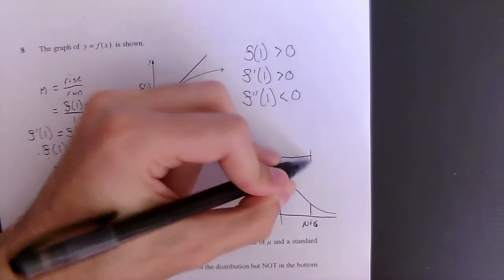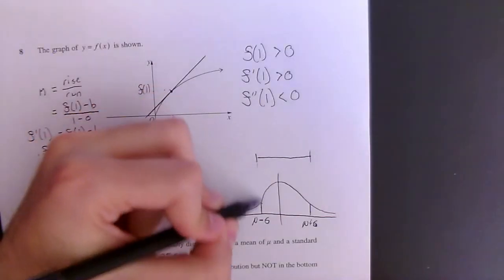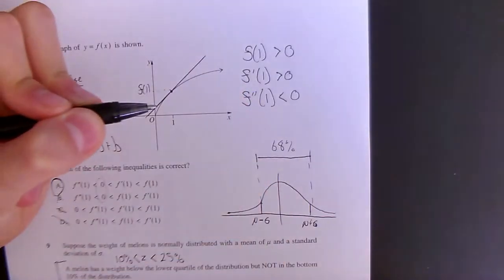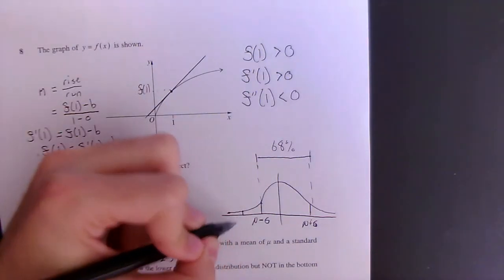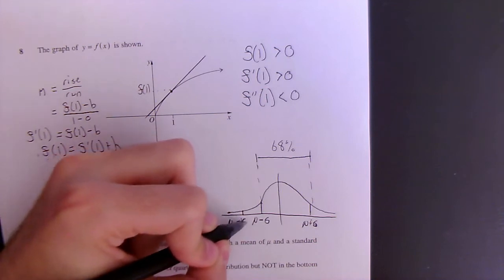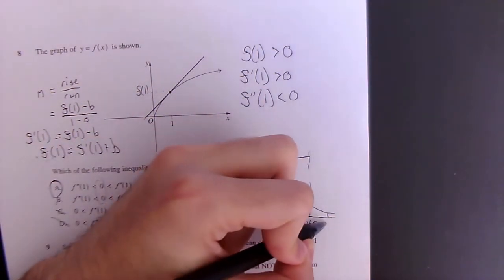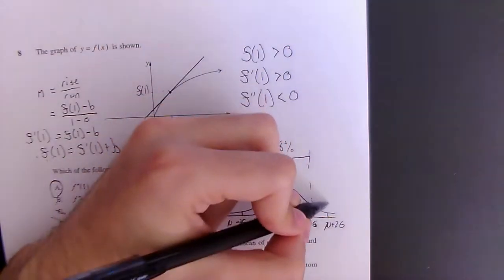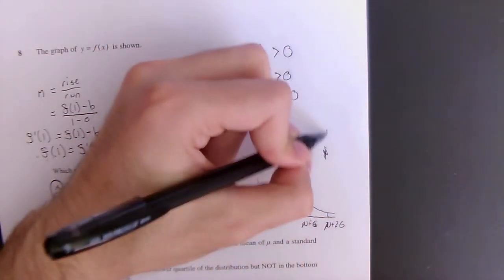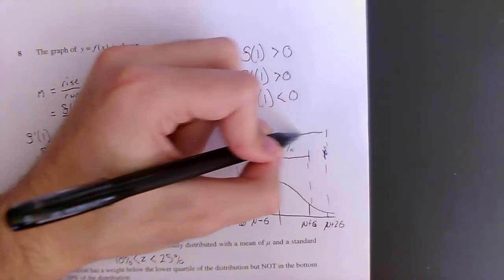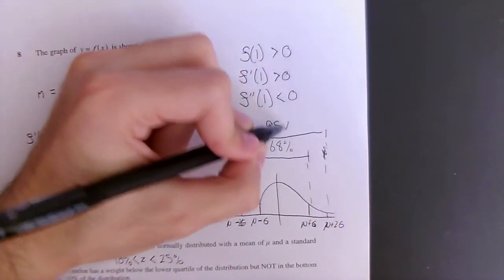The area from here to here is 68% of the data, and if we go 2 standard deviations, so mu minus 2 sigma, and then mu plus 2 sigma, the percentage of data from here to here is going to be 95%.